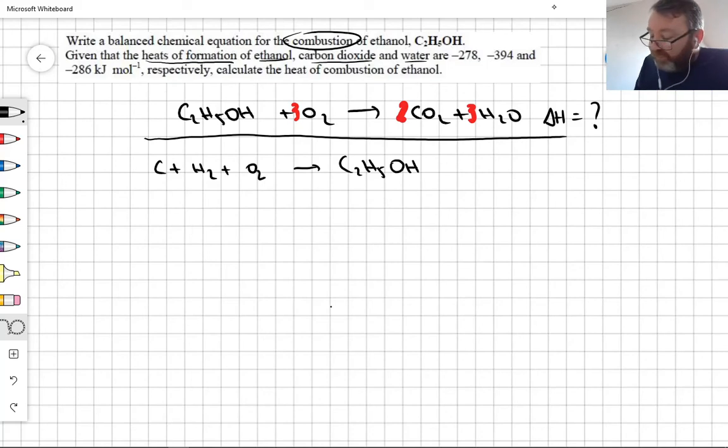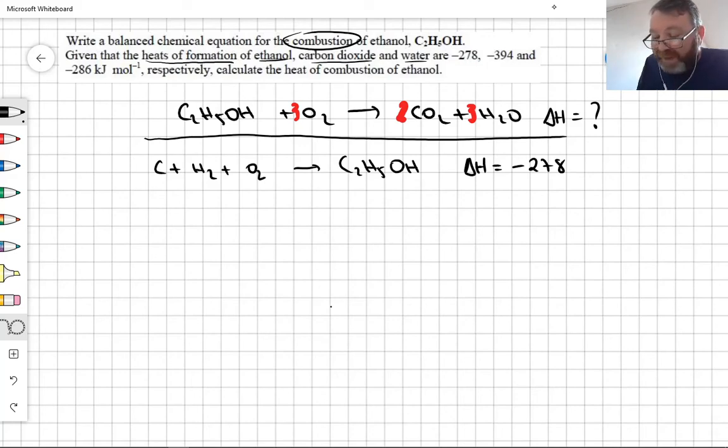Okay. Now let's balance this thing. What are we told first of all? Before we balance it, we're told delta H for this reaction. So the heats of formation of ethanol, carbon dioxide and water are minus 278, minus 394 and minus 286 respectively. So that means the first one belongs to ethanol, which is minus 278. Okay, now balance it before we move on. You're not allowed to touch the right hand side because the heat of formation says that only 1 mole is allowed to be formed from its elements.